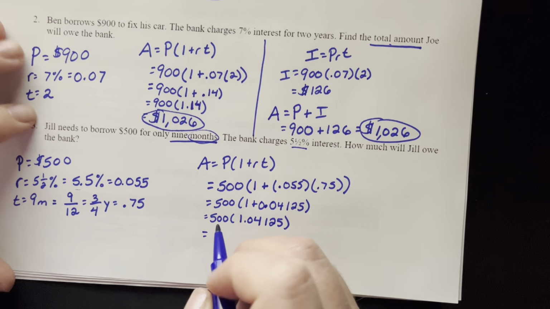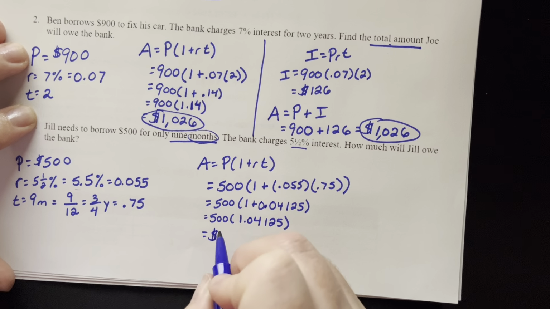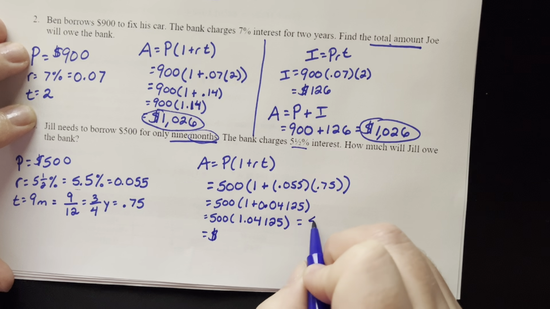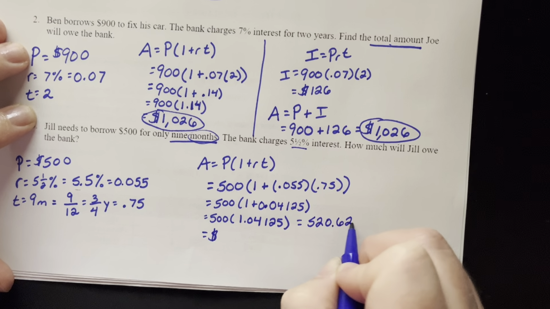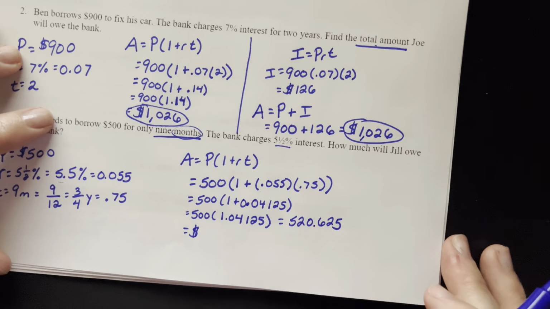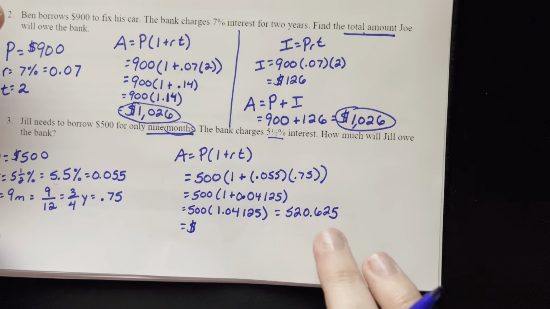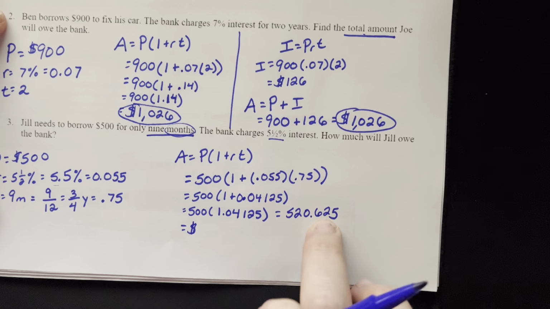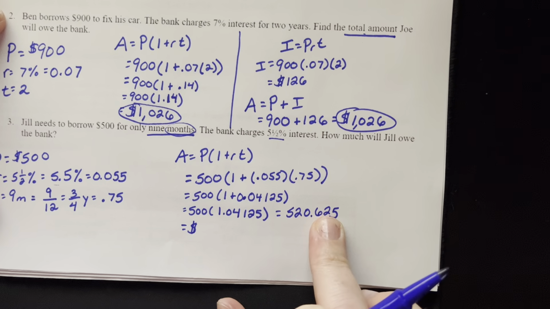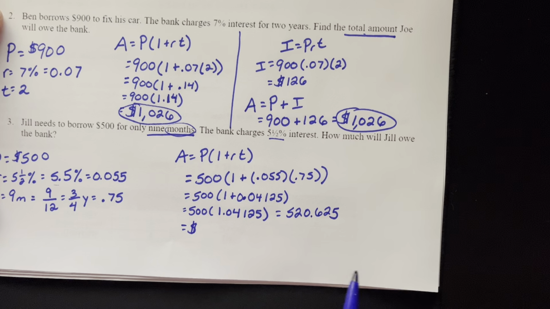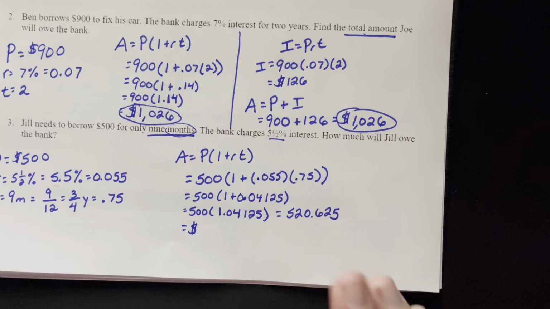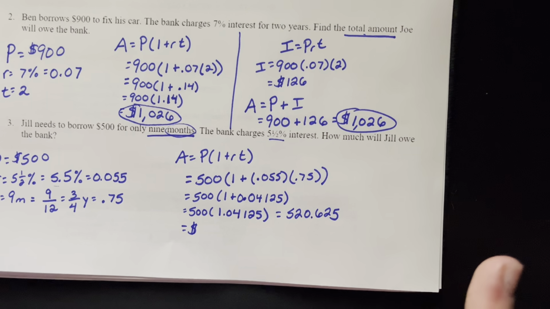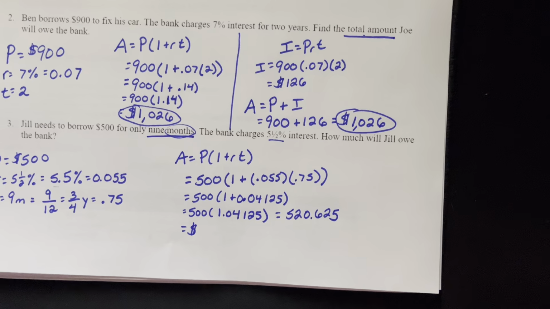So that means Jill owes the bank, well, I'm going to write out what it says on the calculator. It says 520.625. We know in our monetary system, we don't have a coin that represents smaller than a penny, smaller than 2 places after the decimal point. In gas prices and the stock market and stuff, we do go smaller, but not in our monetary bills and coins, right?